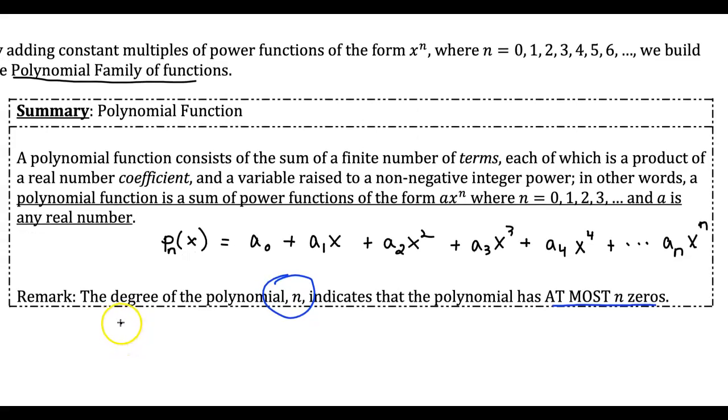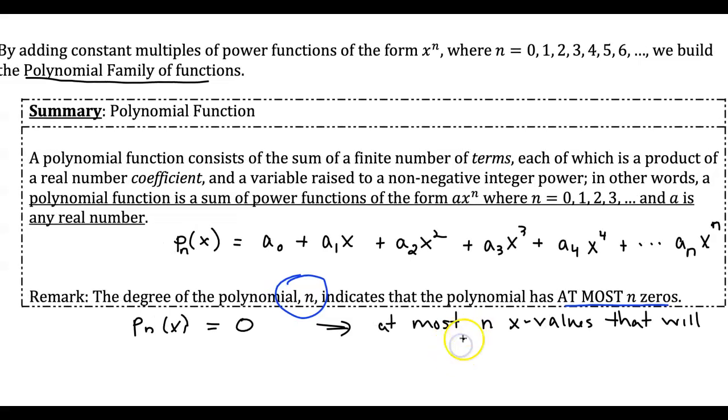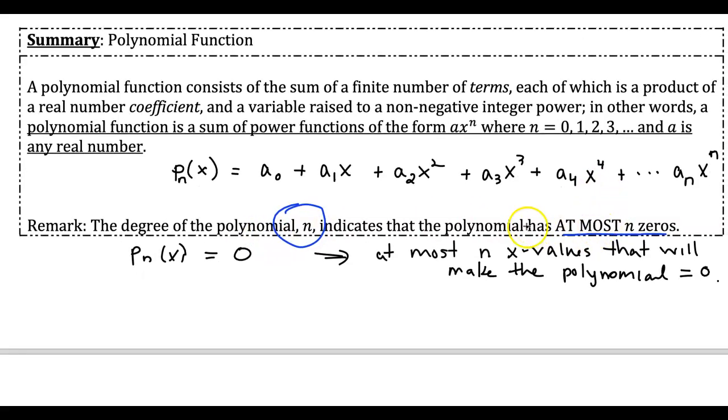So if an nth degree polynomial is set equal to 0, that means there are, at most, n x values that will make the polynomial equal 0. So that's what that means, at most n roots.